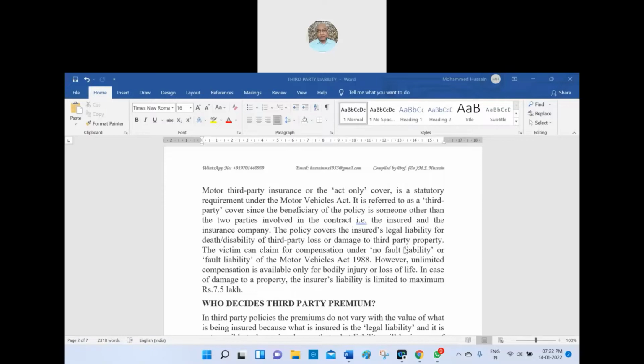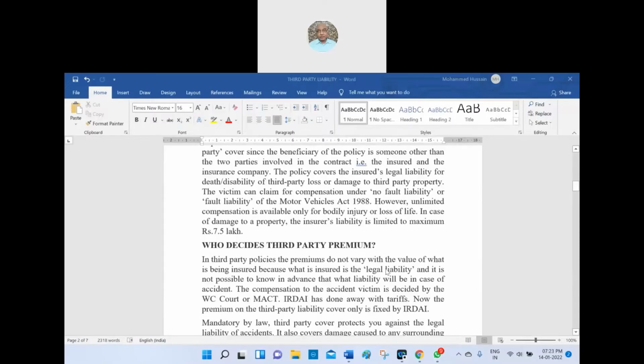In case of damage to property, the insurance liability is limited to a maximum of 7.5 lakhs. As far as property is concerned, it is not more than 7.5 lakhs, but for bodily injury or loss of life, whether fault or no fault, unlimited compensation is available for the third party.